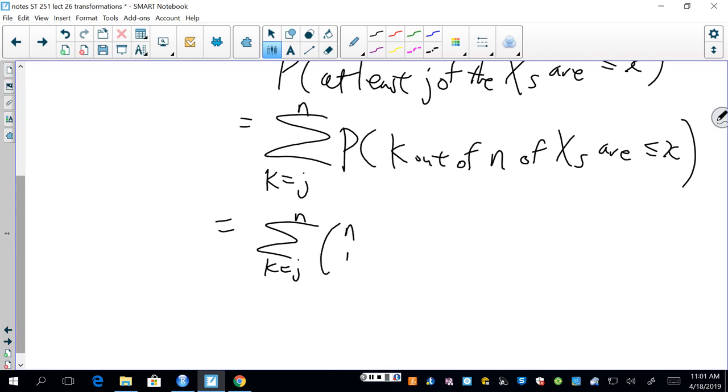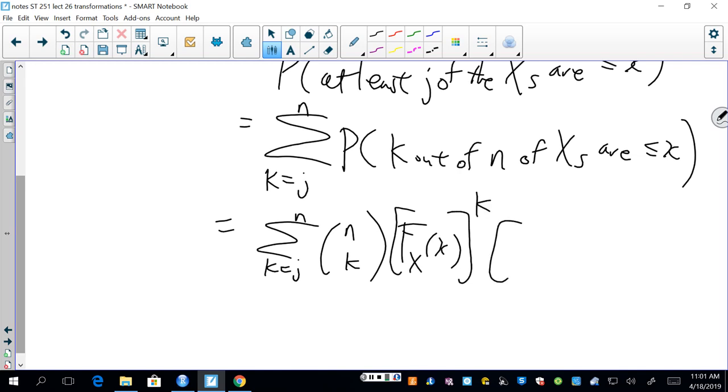There's n choose k. There's the cumulative distribution of the x's raised to the k power, and then the other ones are bigger, so it's 1 minus that, to the n minus k. So that's actually the cumulative distribution function.